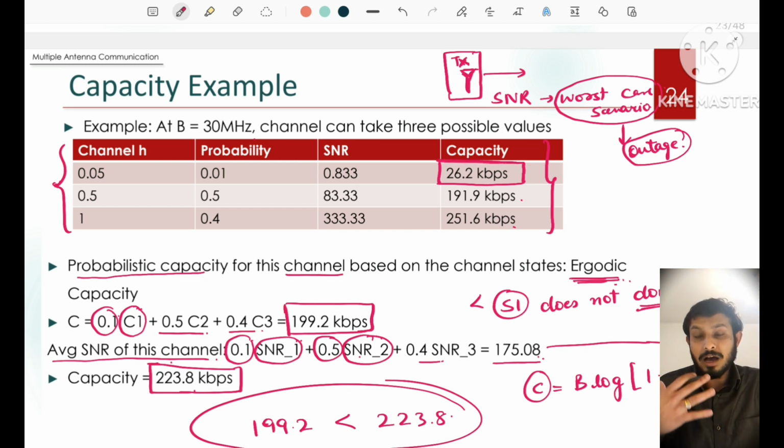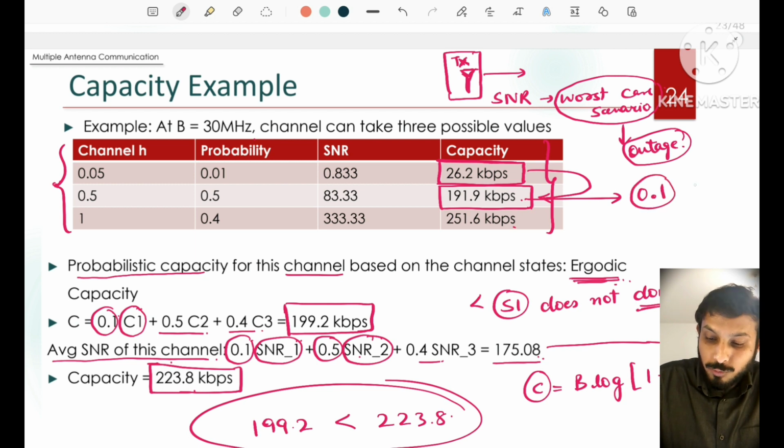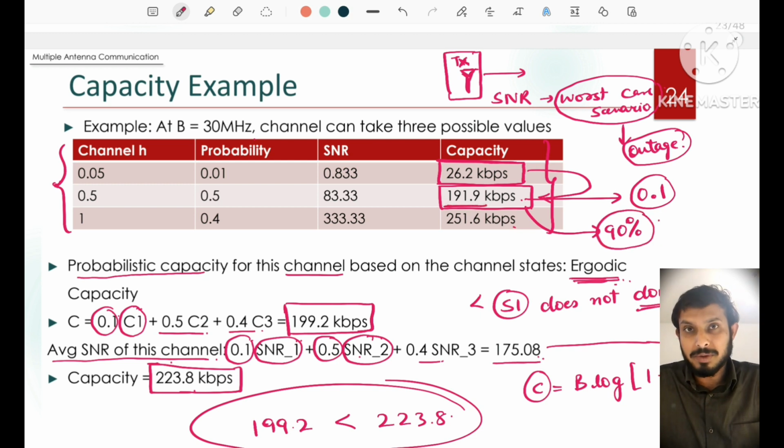Now if we tell the transmitter that okay, some outage is desired, you can transmit the information, we can take care of some outage. Then the transmitter can now set the capacity to 191.9 kbps with an outage probability of 0.1. That means 90% of times we can achieve a capacity of 191.9 kbps.